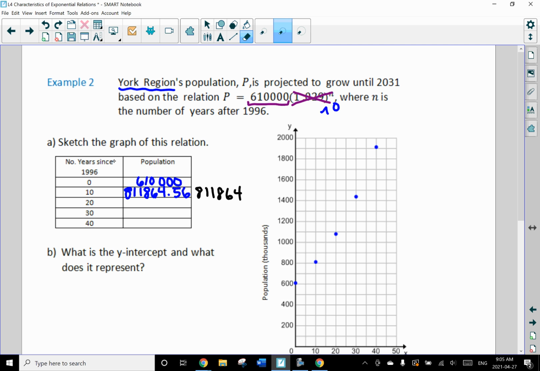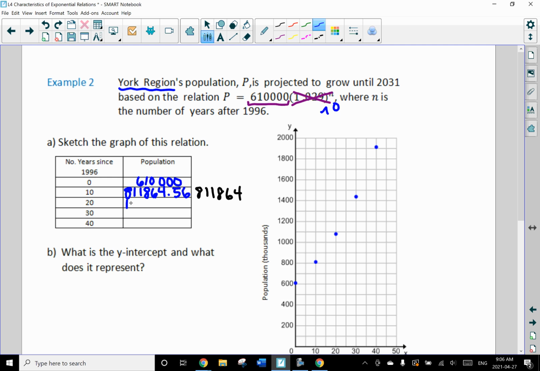My window is set to X max of 50. Okay, now if I graph. Yeah, give me a second now. Welcome to my life. This is why I don't record anything.